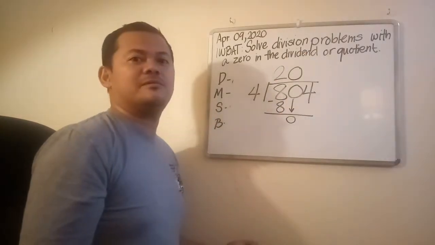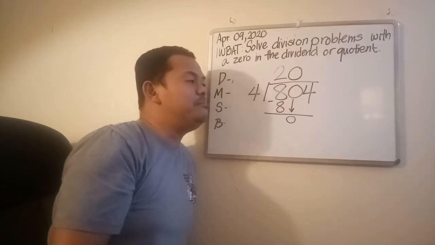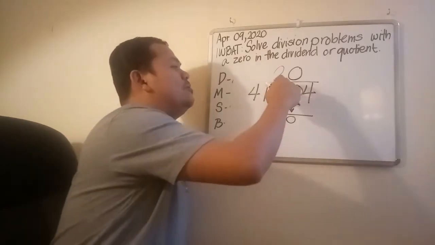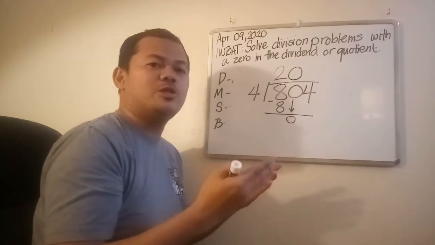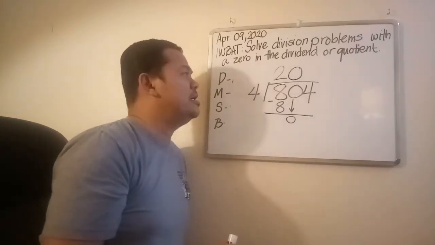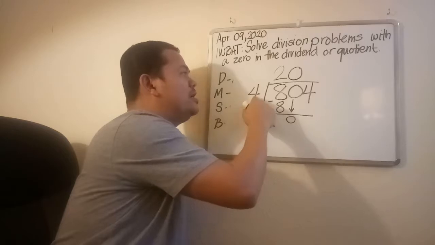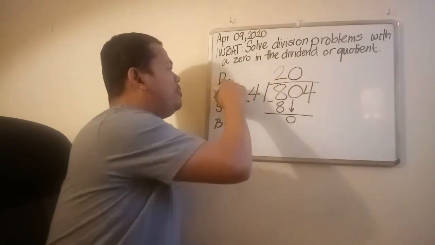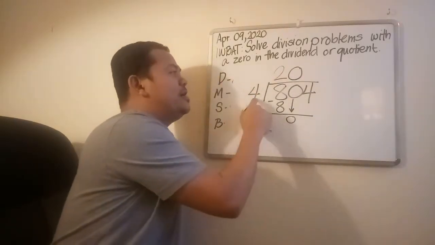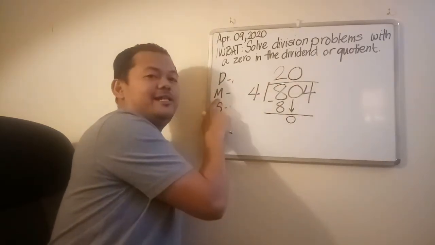We need to write something in that portion of the number. Any number you divide with 0 gives 0. So 0 divided by 4 is 0. After we divide, we are going to multiply again.